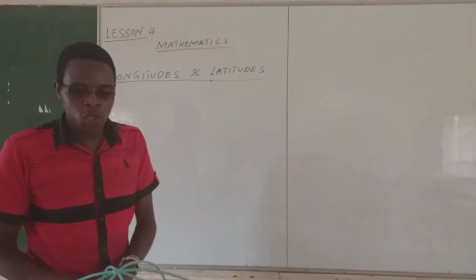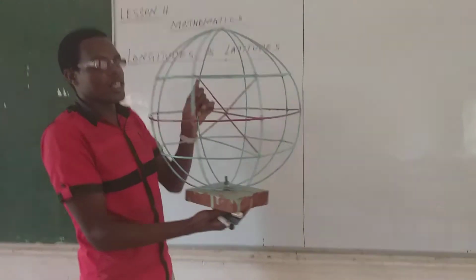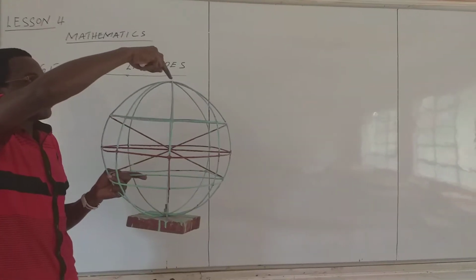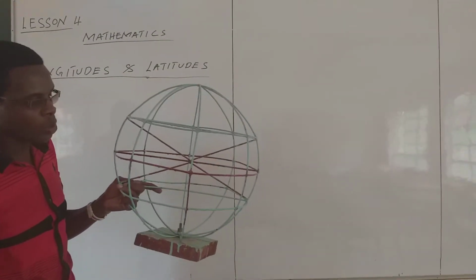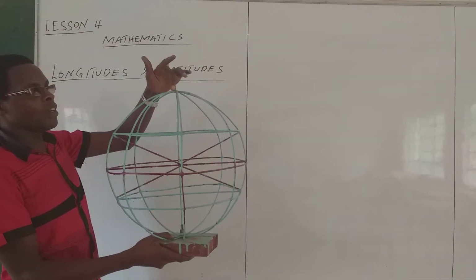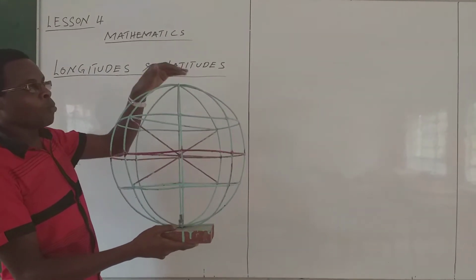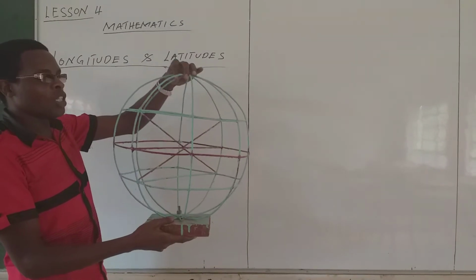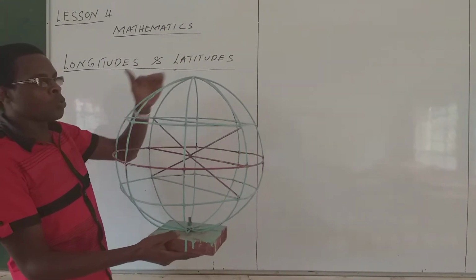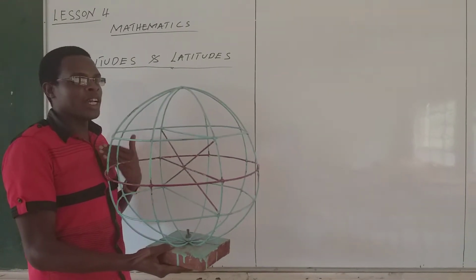If I can show using the globe of the earth, this is the sketch of the globe. What is running from here, north to south, is what we call the longitude. I'm just reminding you of what we covered. All of these lines you see, which are running from north to south, we call the longitudes.